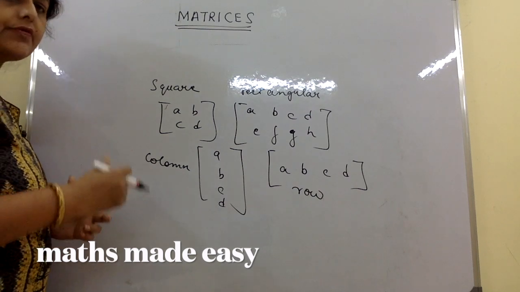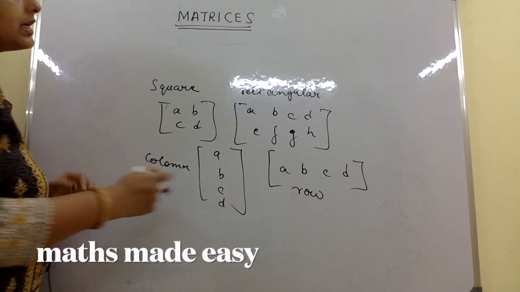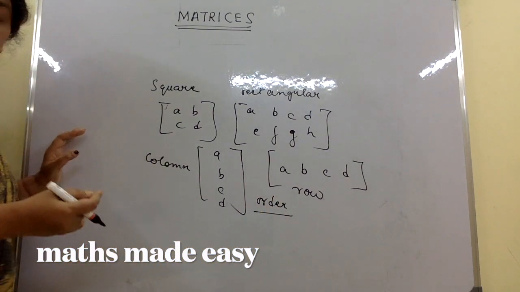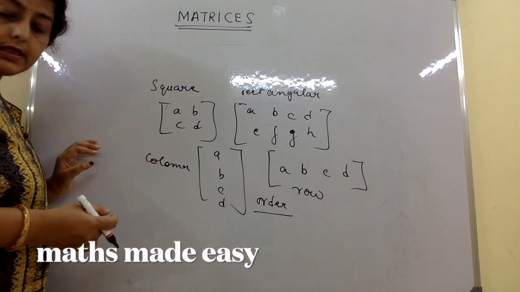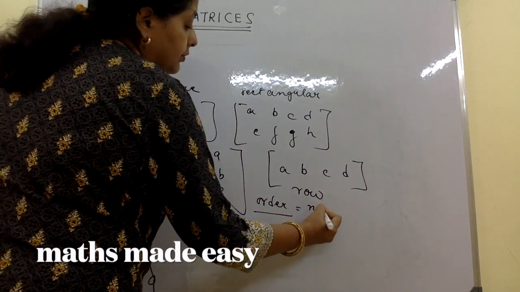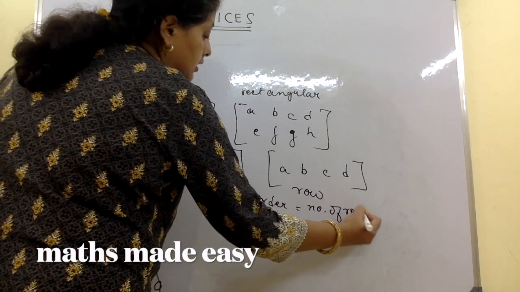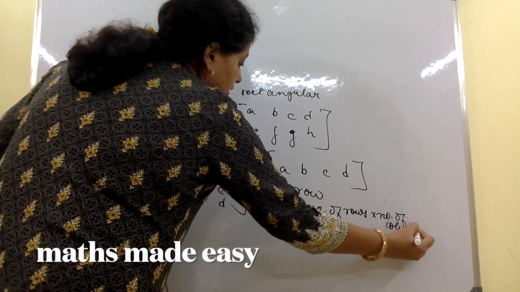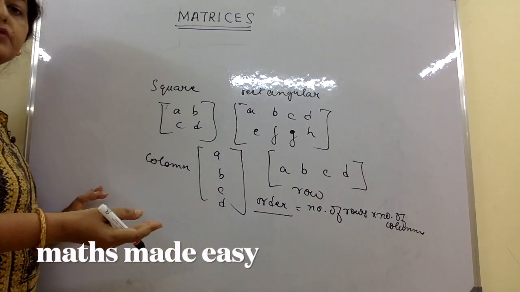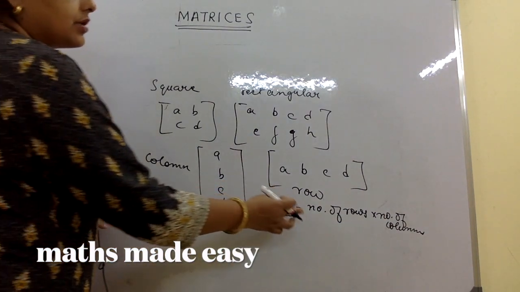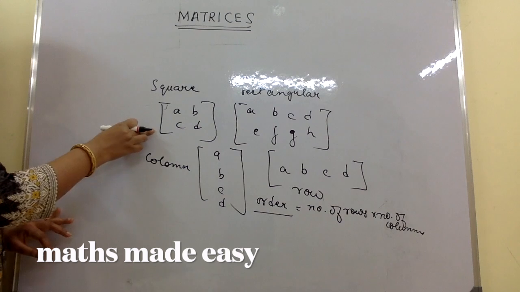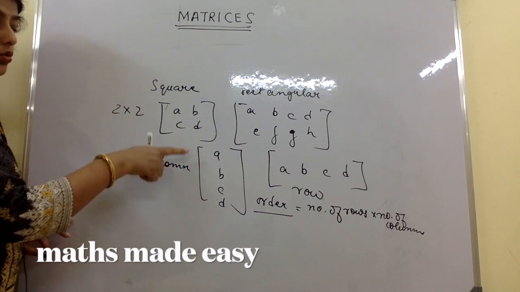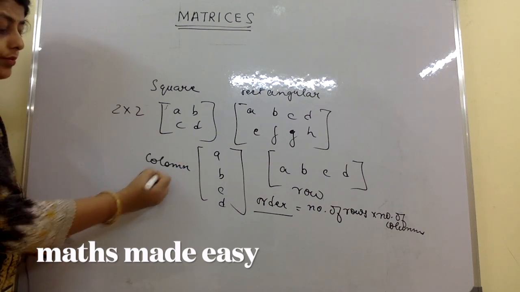Now we come to one very important thing that you must know: the order of the matrix. The order of the matrix is always equal to the number of rows into the number of columns. So if I want to write the order of this, it is 2 by 2, this is how we say. Rows come first. So this one is 4 by 1.